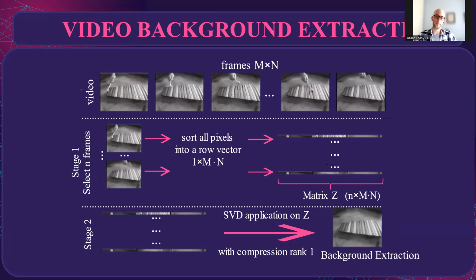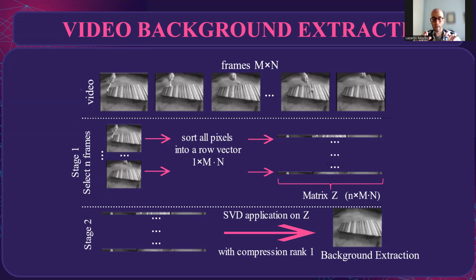So what's the idea here? The idea is to take a lot of frames from the video. Each frame is slightly different from the other, as you see right here. Reshape them into a single row and stack them all together. Now, this very big rectangular matrix carries a lot of information about the video.